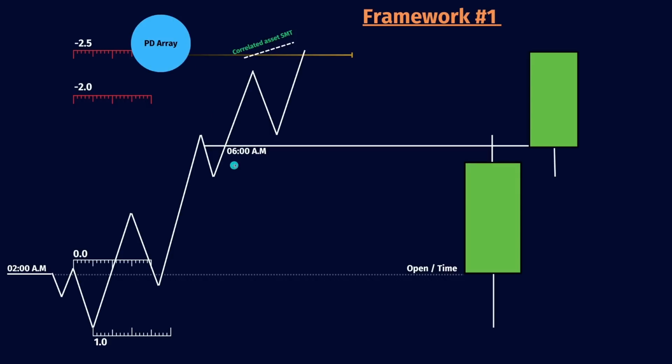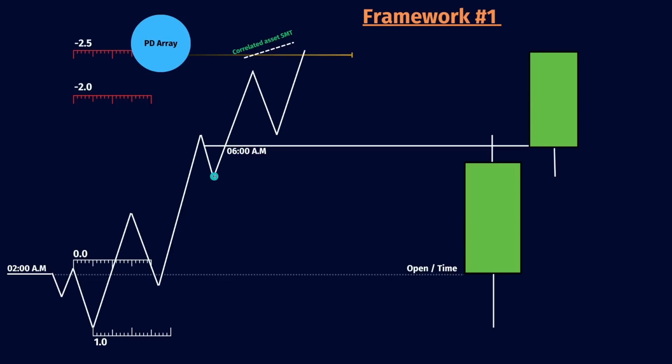In this case, you can find 2 different openings on the 4-hour candle, 2 a.m. and 6 a.m. So this is important because in the 6 a.m. opening, price is in the mid of the manipulation leg and the draw on liquidity in the PD array. So it has unfinished business in the bullish move. Okay, so this is very important when price opens here because you can find different types of moves and probably in 2 directions.